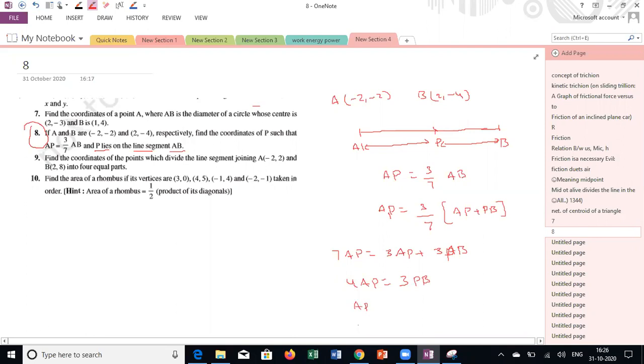So AP by PB will be equal to 3 by 4. So AB is a line, and P is a point which divides it in the ratio 3:4. Using this data, you have to calculate point P. Got it?